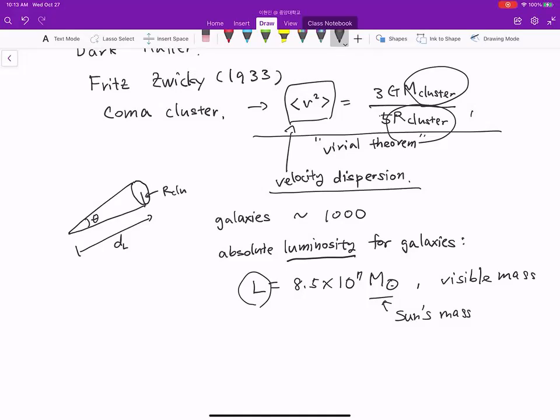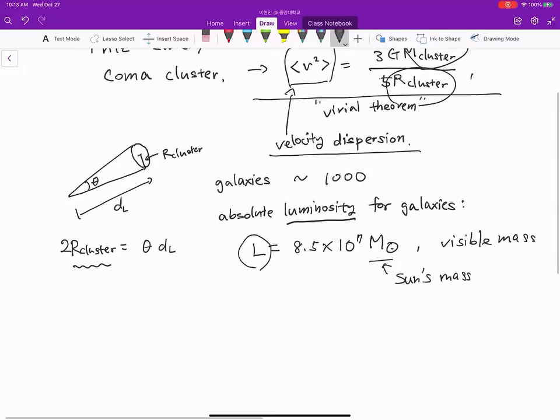This is the radius of the Coma cluster, roughly half the diameter. The radius of the cluster is just given by angle times the luminosity distance. So just from the measurement of the distance and the angular size, we can determine the radius of the cluster.